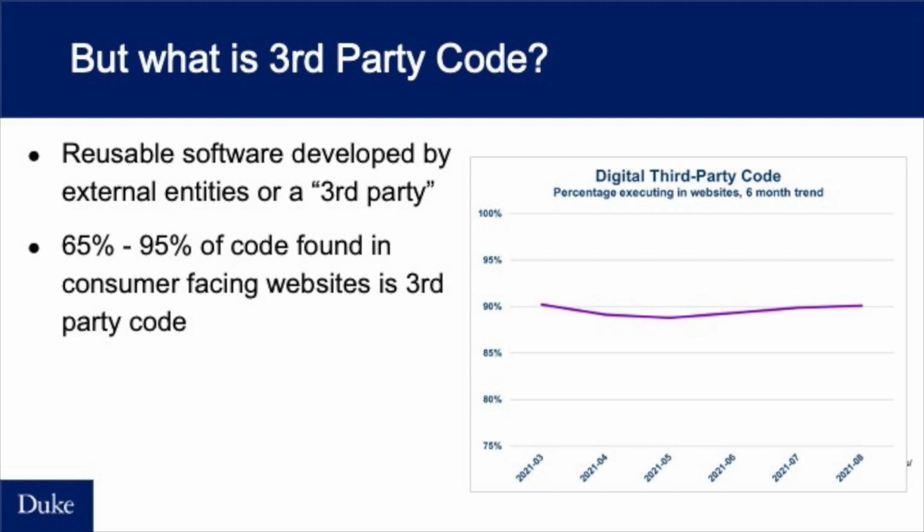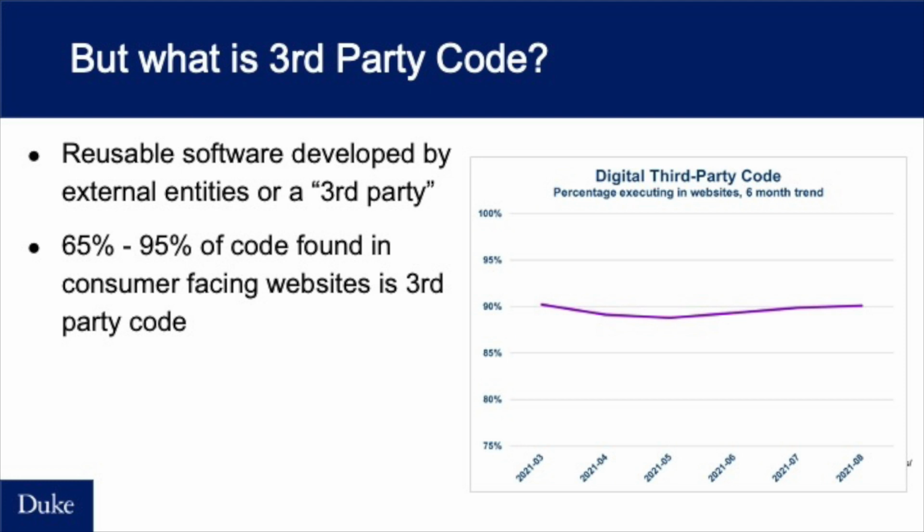Once a third-party code is developed out of house, this reusable software is then purchased via open source licenses or by companies or software vendors, and it results in greater ease when creating websites, running advertisements, or tracking analytics. In fact, 65 to 95% of code found in consumer-facing websites, think Amazon when you go shopping, or your local news page, is third-party code.